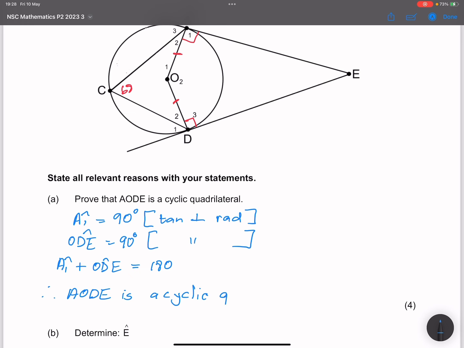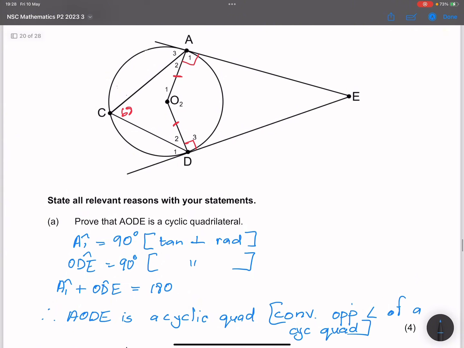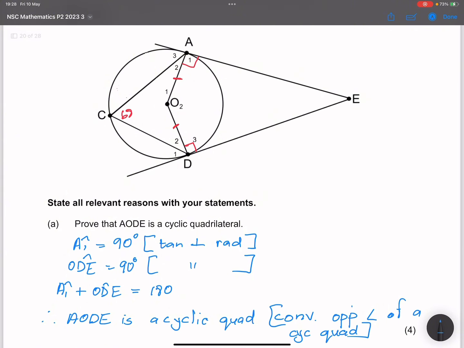Why is that? I'm applying the converse of the opposite angles of a cyclic quad. So that's it right there. And please remember, once it is a cyclic quad, it means that we can actually treat it as such.